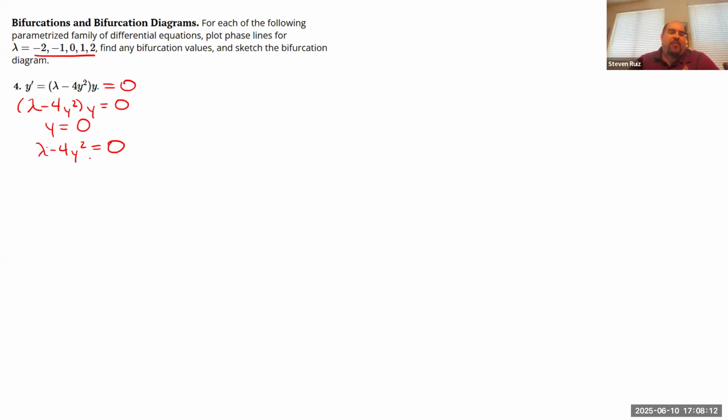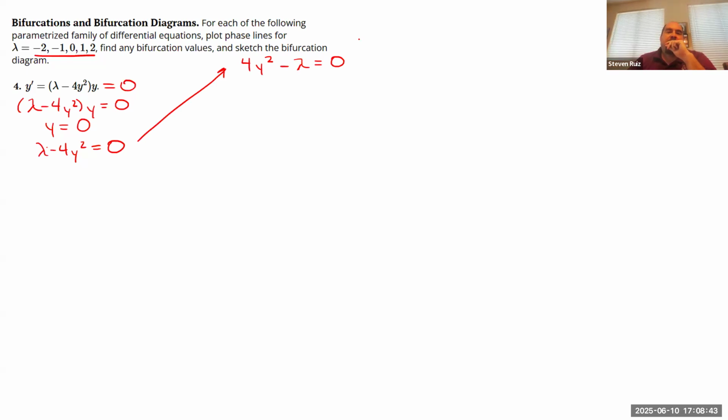The other part of this equation, lambda minus 4y squared, is the one that depends on a parameter. So let's investigate that. Since this one is governed by a parameter, this is the one where bifurcation might happen. So I'm going to flip all the signs and say this is 4y squared minus lambda equals 0, which is an equivalent equation to look at.